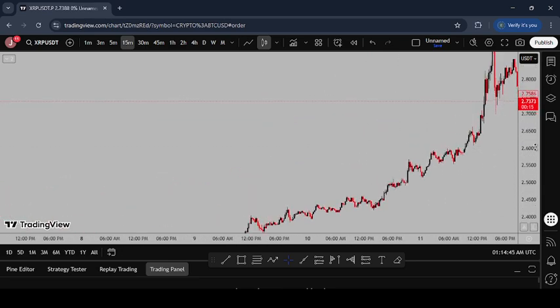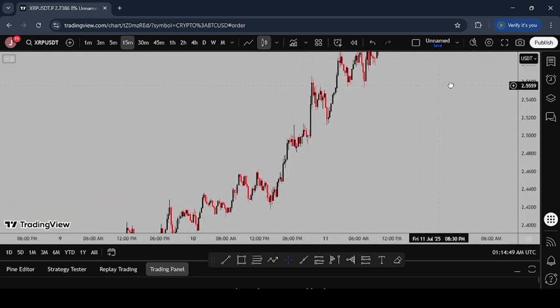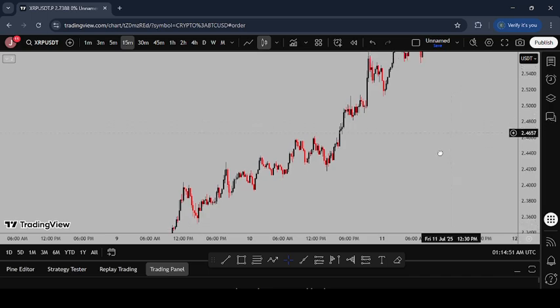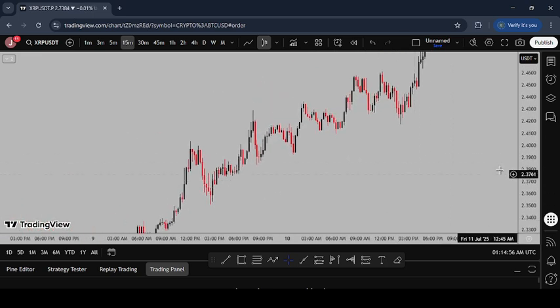You can see the XRP market is bullish, and it's creating that series of higher highs and higher lows, right? So there was a particular trade I caught here when I was looking at these structures.